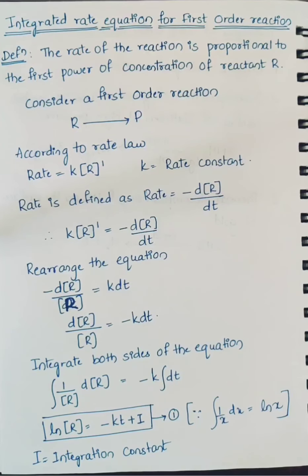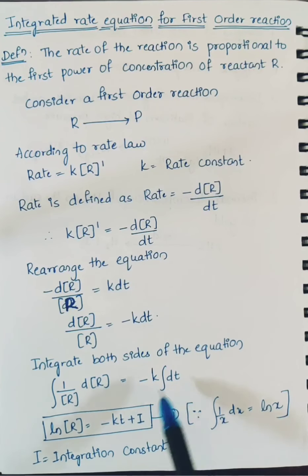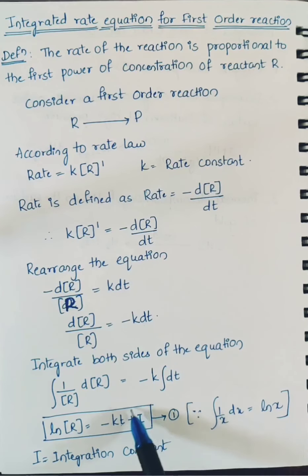So integration will give you ln R equals minus k t plus I, where the integration of dt is t and I is the integration constant. Ln here means log to the base e.